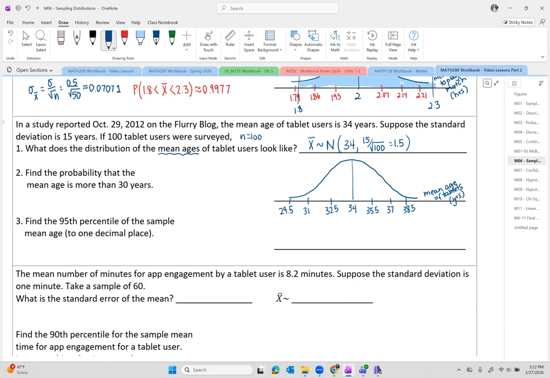And what's the probability the mean age is more than 30 years, where 30 years is here, and more is almost the whole distribution. So I'm expecting to find a probability very close to 1. So let's use our favorite technology to find this probability.